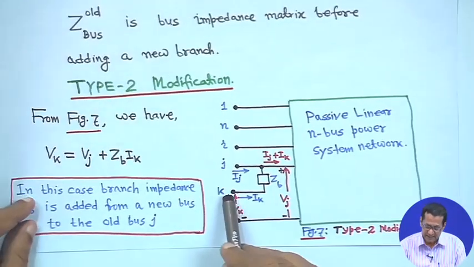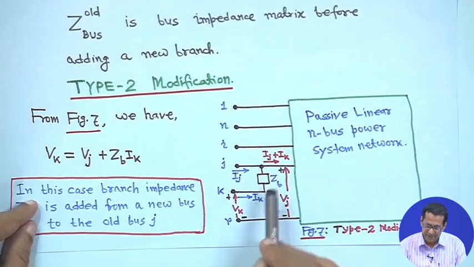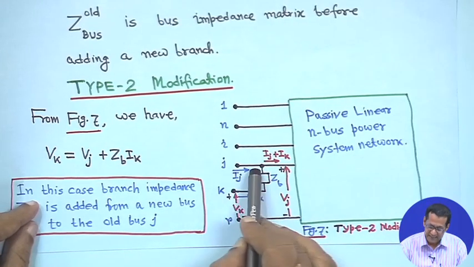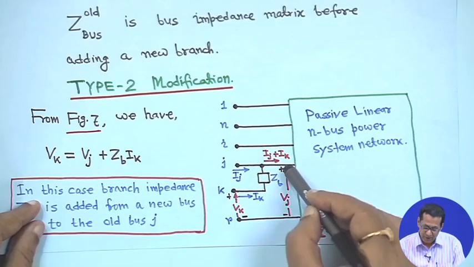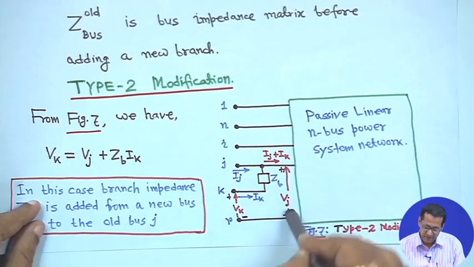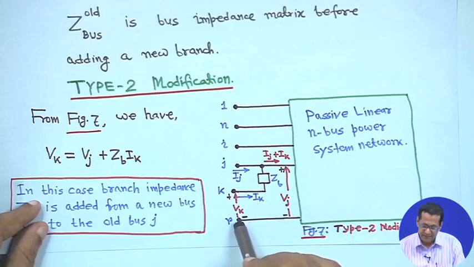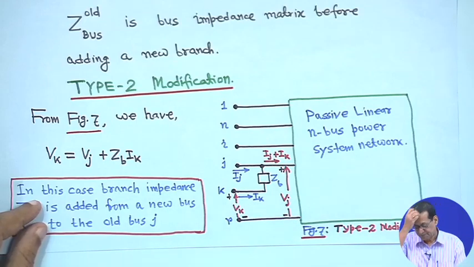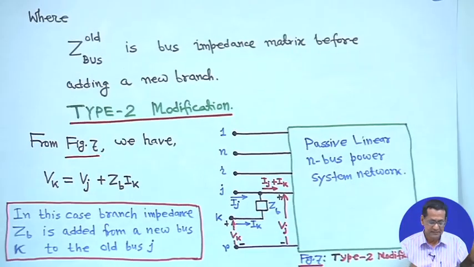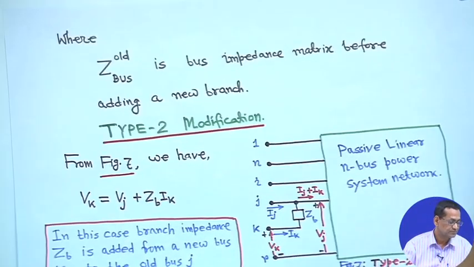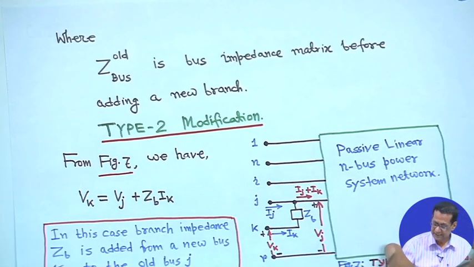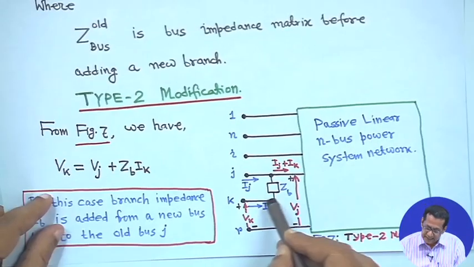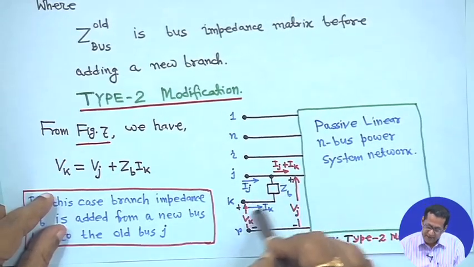That means this bus is added through impedance ZB, this current is IK, this is IJ. So, the current injection here is IJ plus IK, the voltage here is Vj and the kth bus voltage is Vk. So, from this figure you apply KVL.